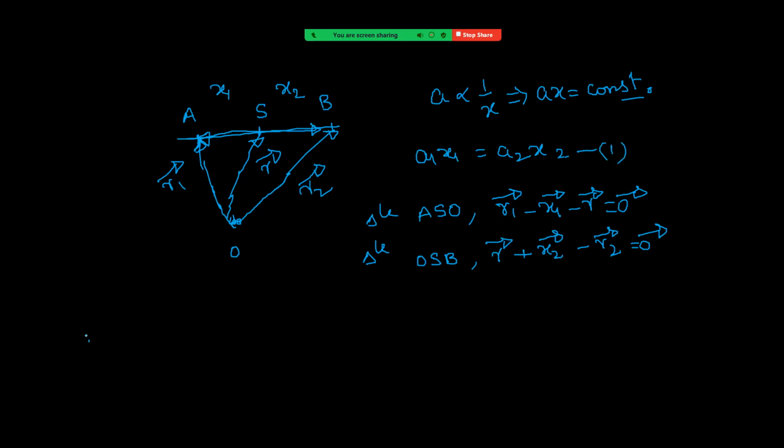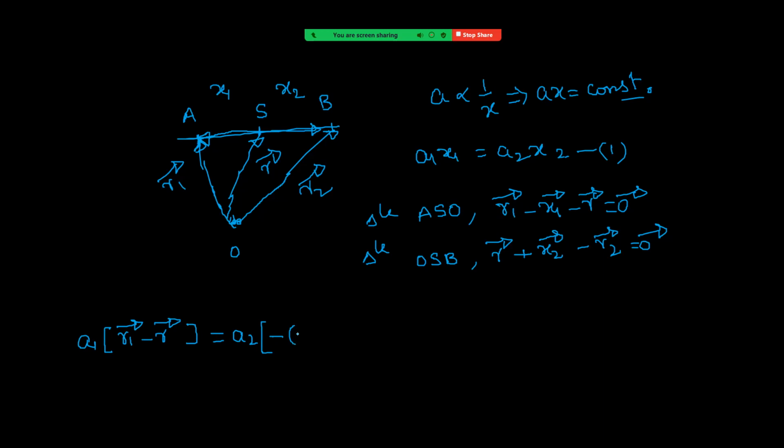Now coming to here, A1. In the place of x1 bar, what do I write? It is R1 bar minus R bar, right? That is equal to A2 into, see here I am writing minus x2 bar. What is x2 bar?